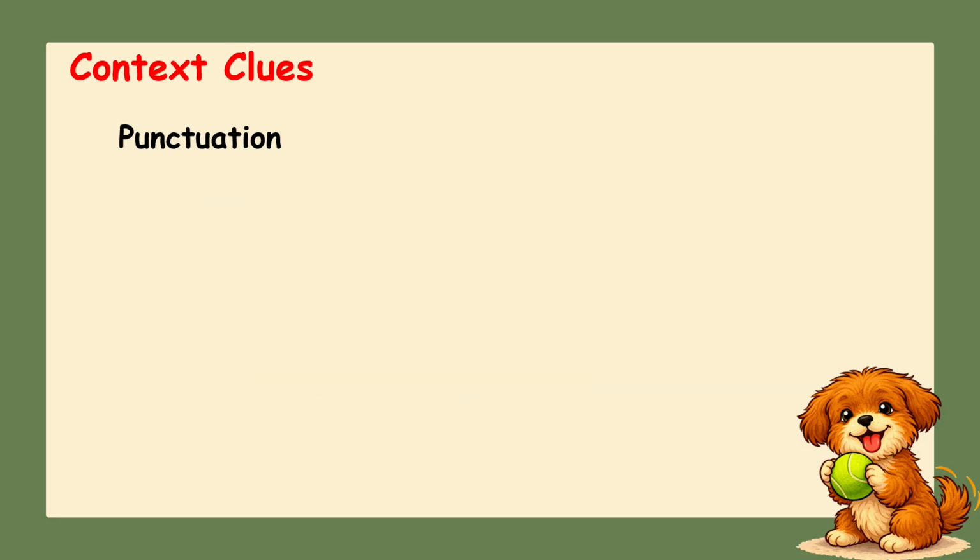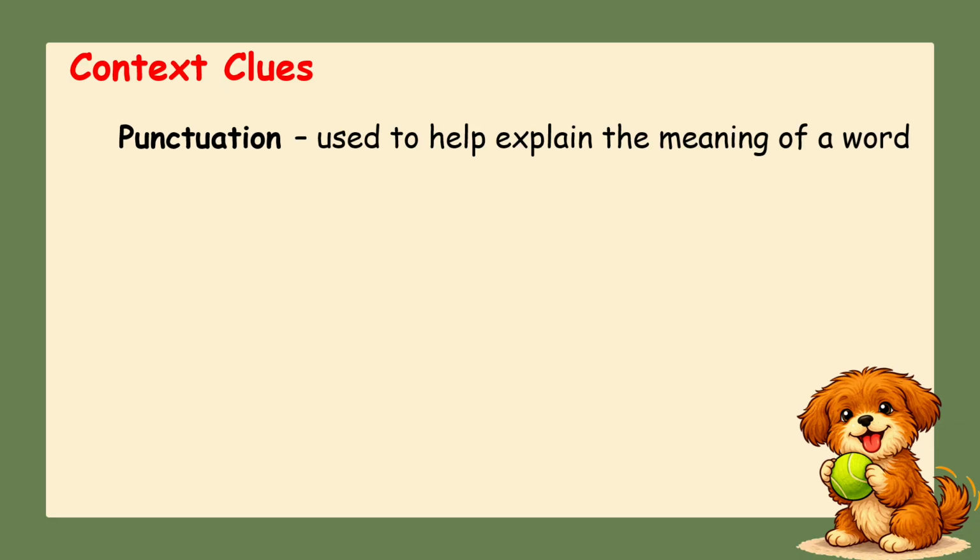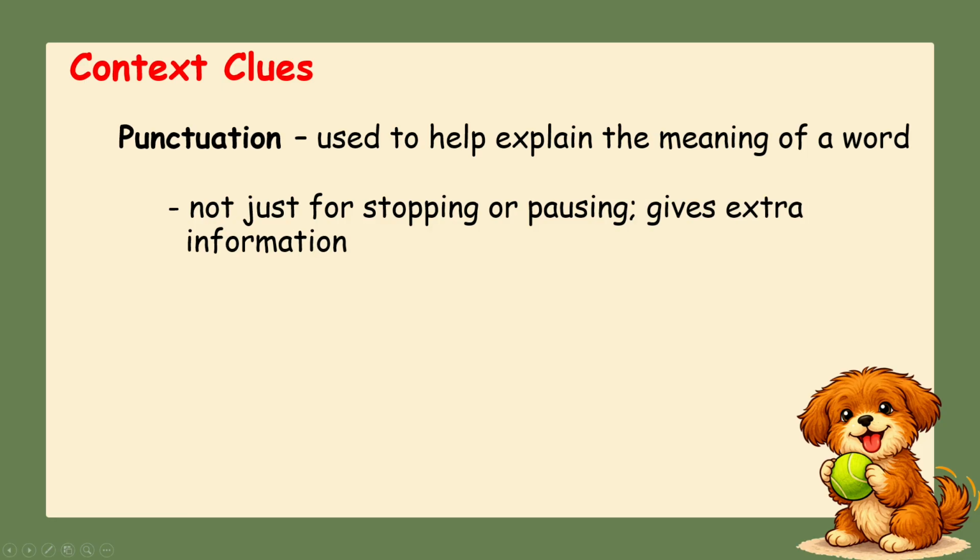And punctuation. Sometimes writers use punctuation marks to help explain the meaning of a word. Punctuation marks are not just for stopping or pausing. They can also give us extra information.